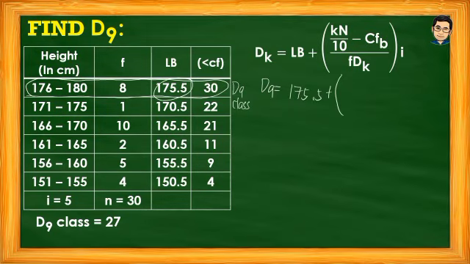And then, Kn over 10, 27, minus cumulative frequency before the D sub 9 class, that is 22. So, sa pag-determine po ng cumulative frequency before any class man yan, yung mismong kasunod niya, yung nasa ibaba niya mismo, ang kukunin natin. So, hindi natin kukunin yung 4 kasi masyadong malayo na yon. So, basta yung kasunod lang niya sa ibaba niya mismo. And then, frequency of the D sub 9 class is 8. Ayan. And then, the interval is 5.